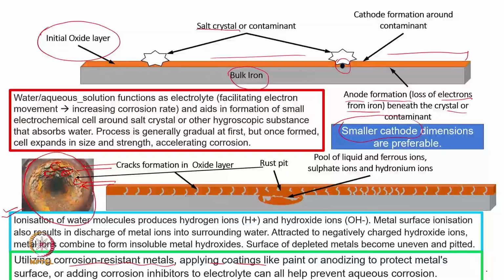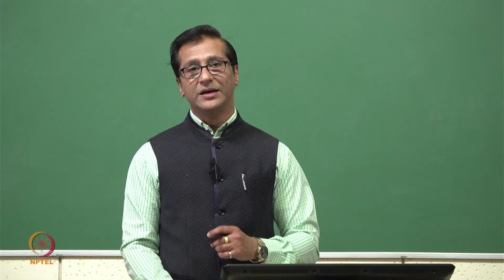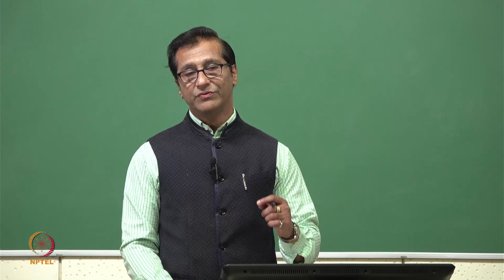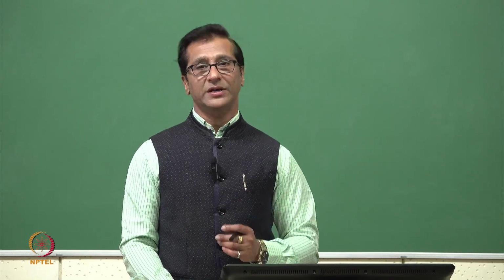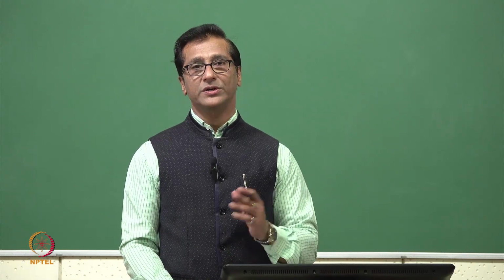So this is an important thing from a tribology point of view. We need to think about corrosion resistant material, applying coating, plating also is possible, and then we can add additives, which we know as corrosion inhibitors, to the electrolyte to prevent the aqueous corrosion. So this is an important aspect.